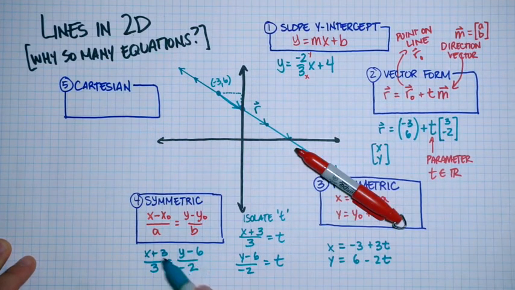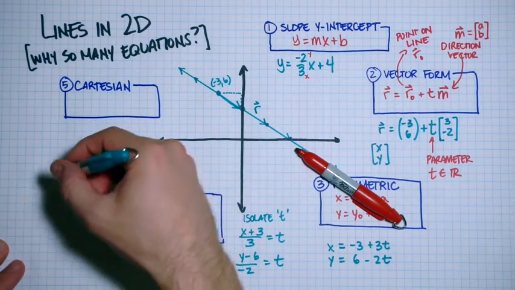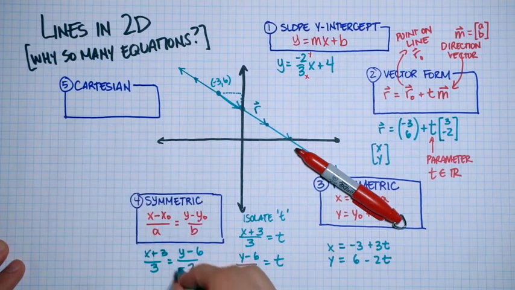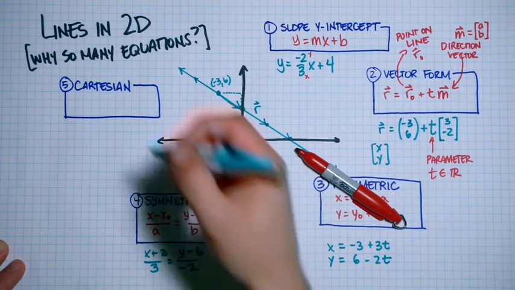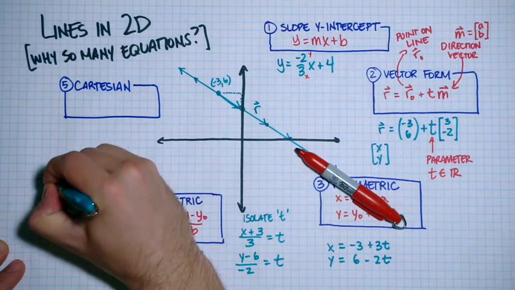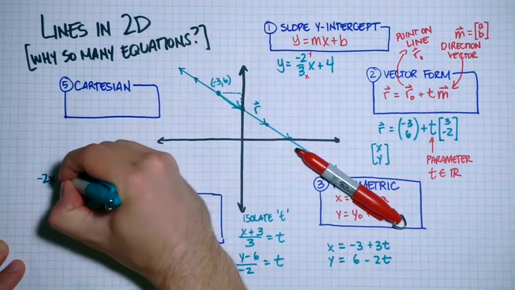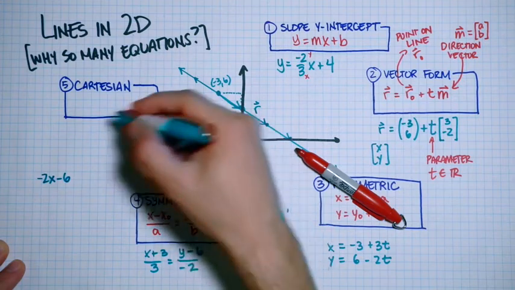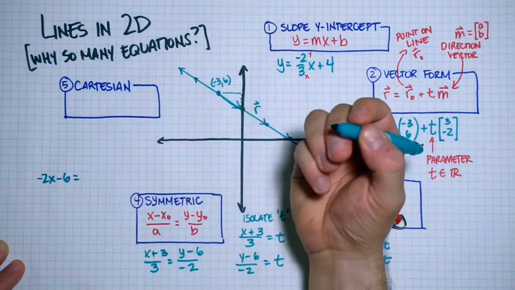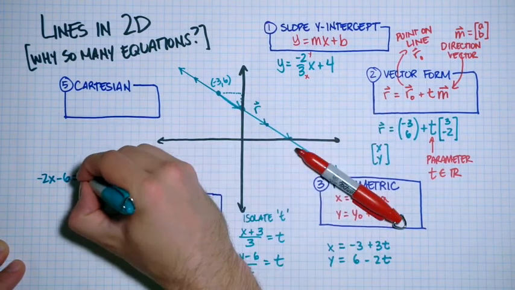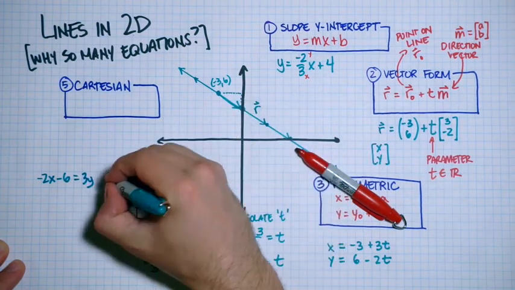I'm going to try just by cross multiplying first. So I'll show my algebra over here. So I'm going to cross multiply this thing. So -2, I'm going to multiply by the x and the 3. So I'm going to get -2x minus 6, and cross multiply this up, equals 3y minus 18.